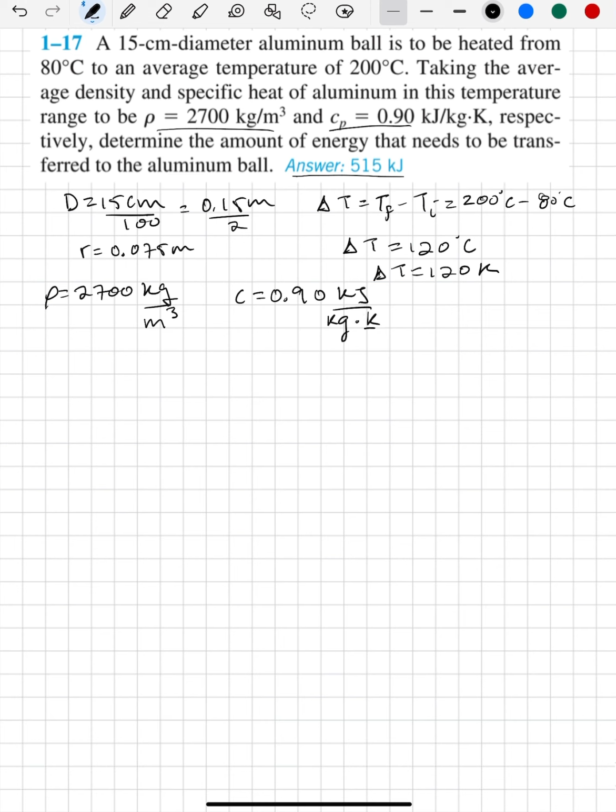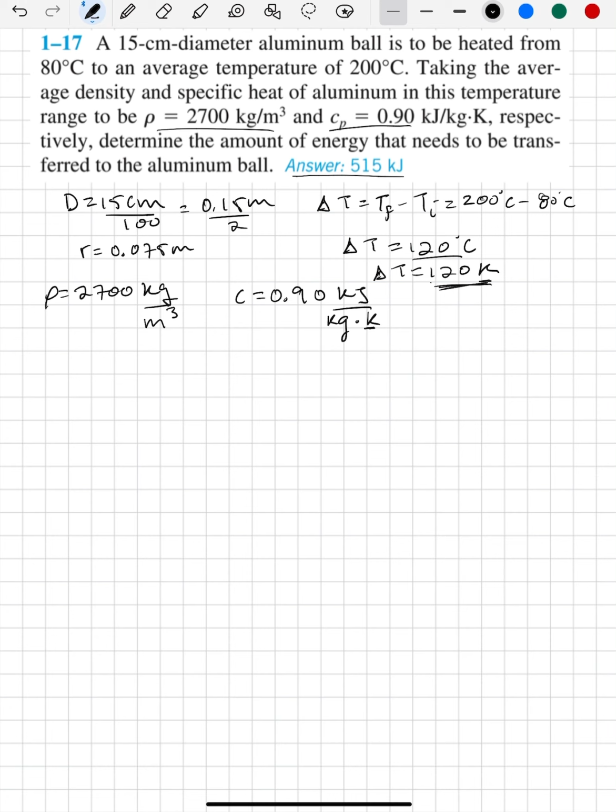This is the reason why I'm going to change this 120 degrees Celsius to 120 kelvins. I'm not changing it just because it's going to benefit me. There's a reason behind it. And again, go take a look at the video that I posted a couple of days ago, and you should be able to see that.